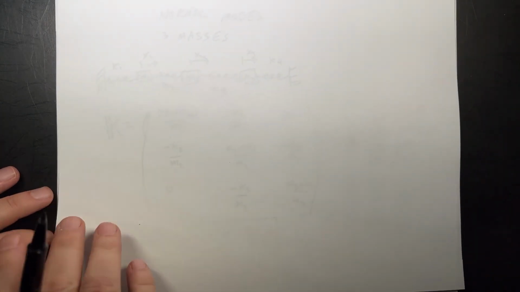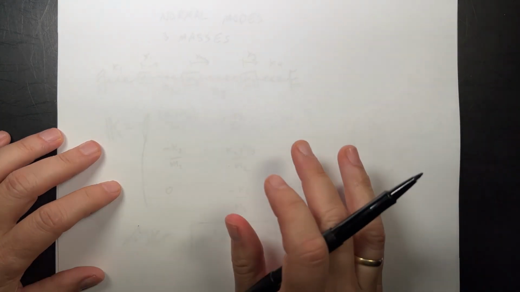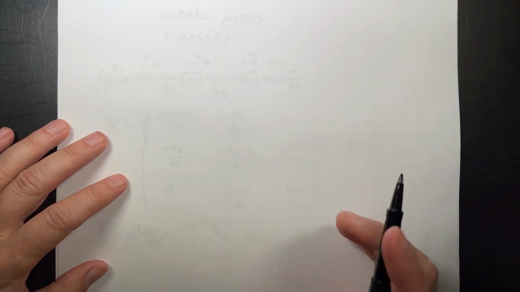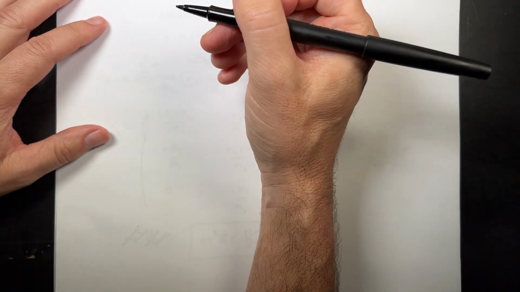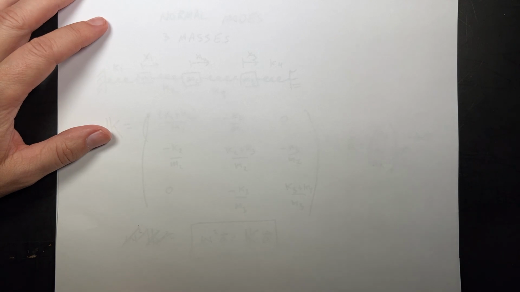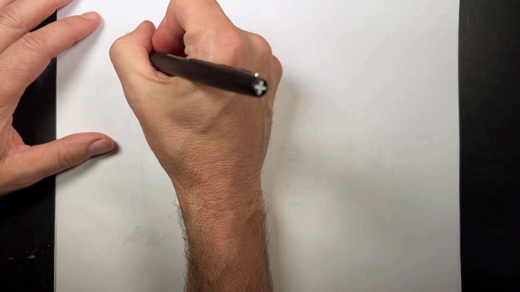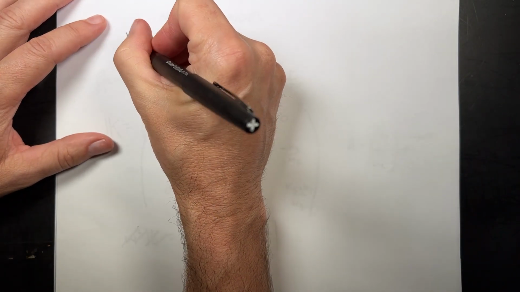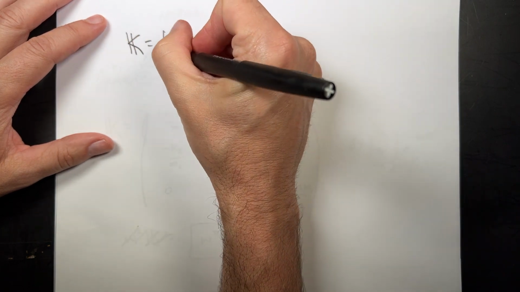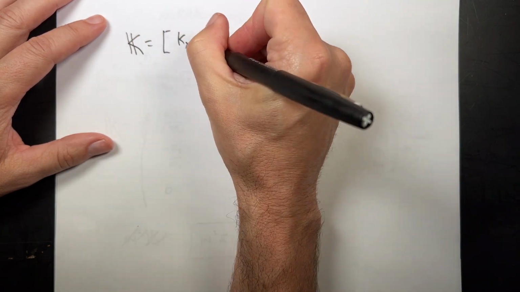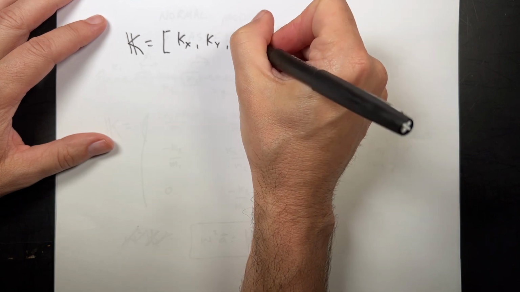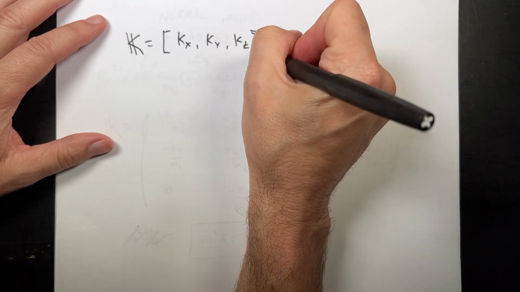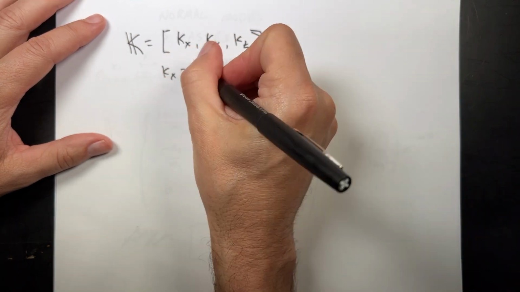Okay, so I have a couple things in here, and I've done this before with the moment of inertia tensor. But the first thing is, how do you make a matrix in WebVPython? I'm going to say the matrix K is just a list. I'm going to call it KX, KY, KZ. That's a list, and KX is a vector.